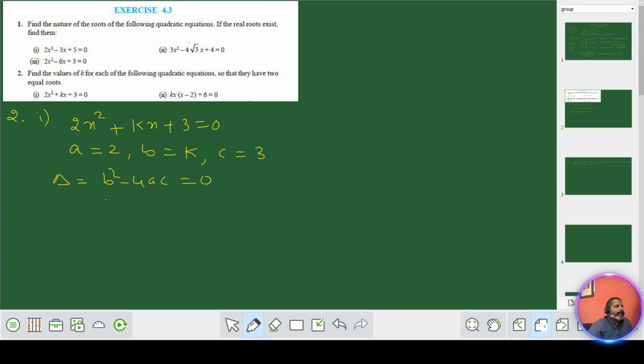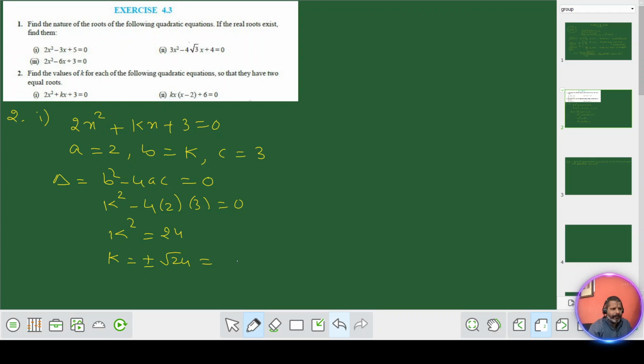So b² − 4ac is equated to 0. Substitute: b is k, so k² − 4 of a is 2, c is 3. So k² = 4 times 2 times 3 = 24, just multiplying and transposing to the right side. So k = ± √24.